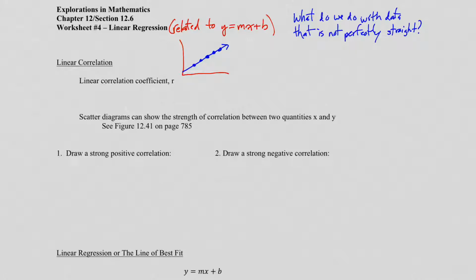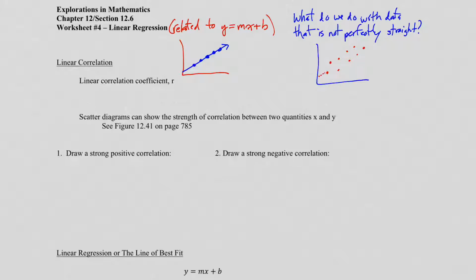And so what I mean is, if you have data that kind of goes back and forth, but you can kind of see that this is kind of making a line, but it's not a straight line.